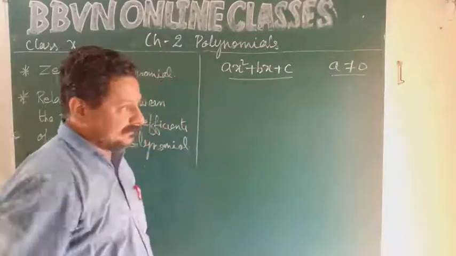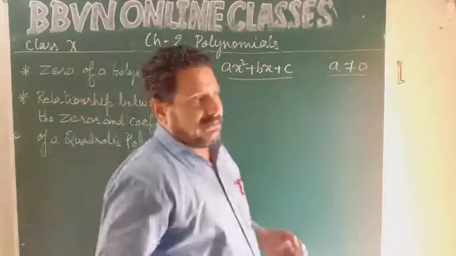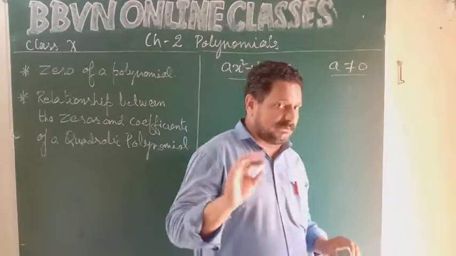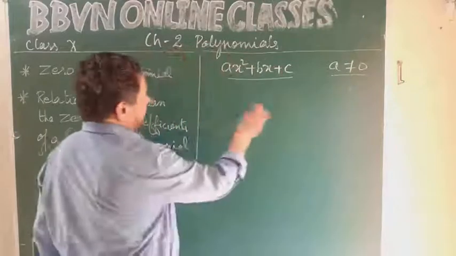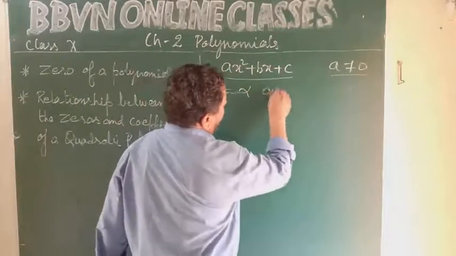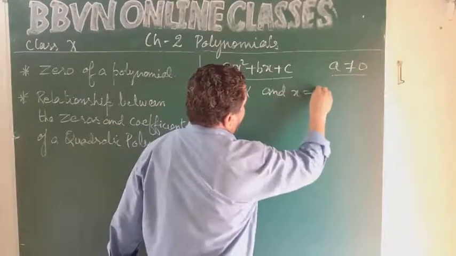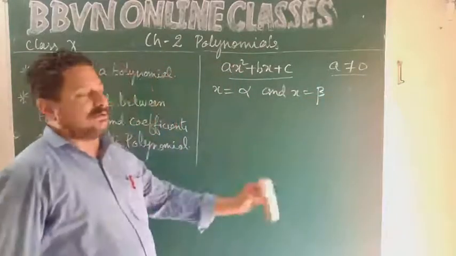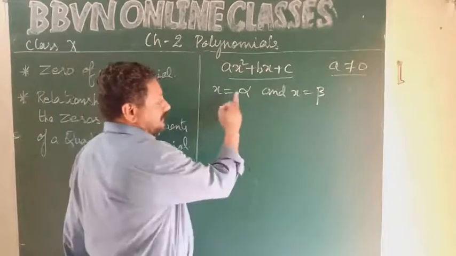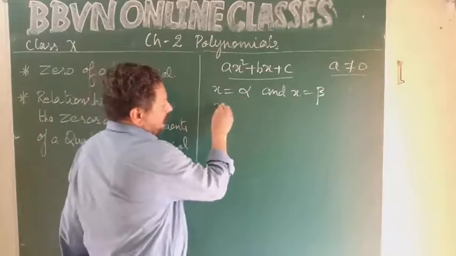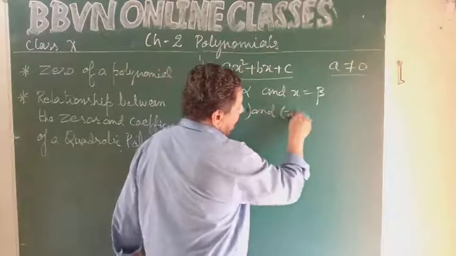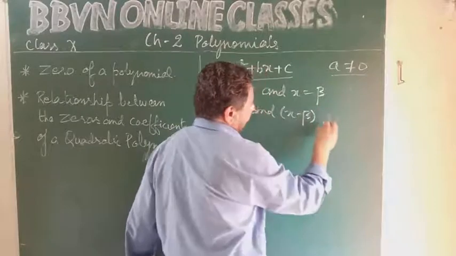Now, just now we have discussed that a quadratic polynomial's degree is 2. It will have maximum 2 zeros. So let us say x equal to alpha and x equal to beta are the 2 zeros of this quadratic polynomial. So what should be the polynomial? If x equal to alpha is the 0, then x minus alpha and x minus beta will be the factors.